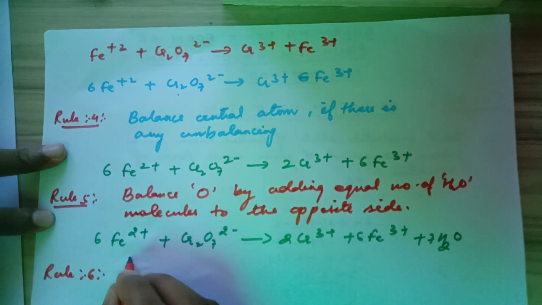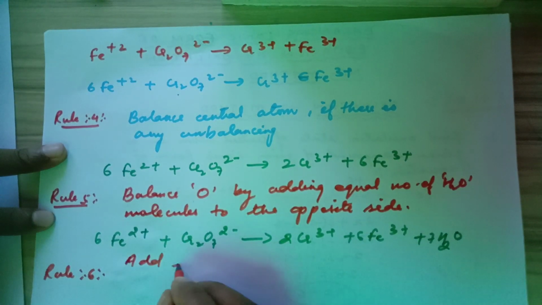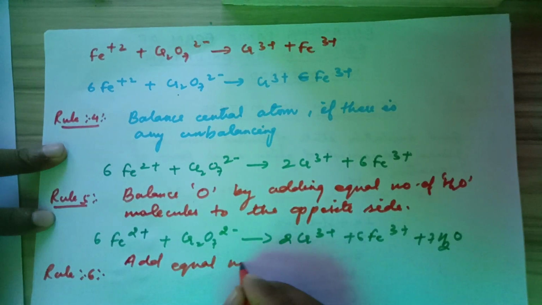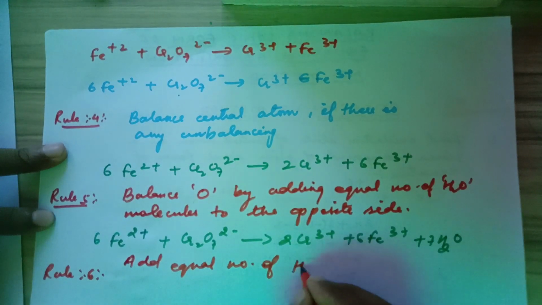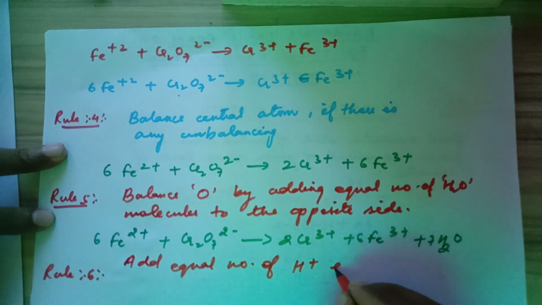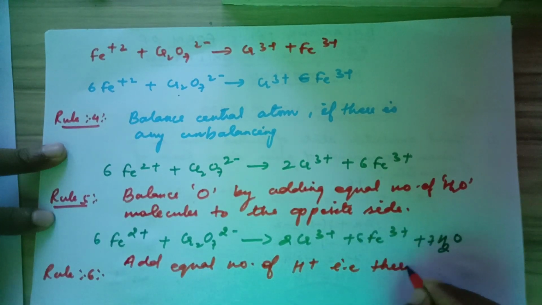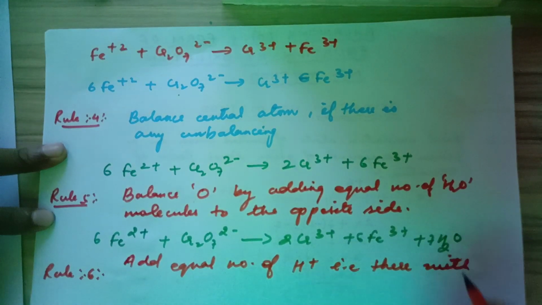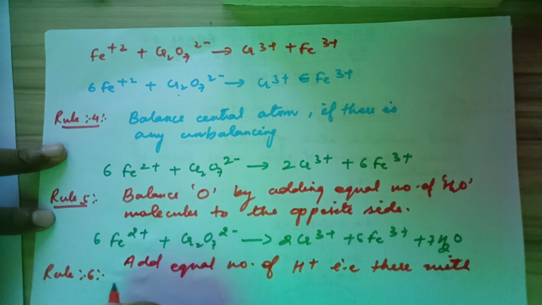So rule number 6. Add equal number of H+ that is there with H2O, that is 14 hydrogen plus.